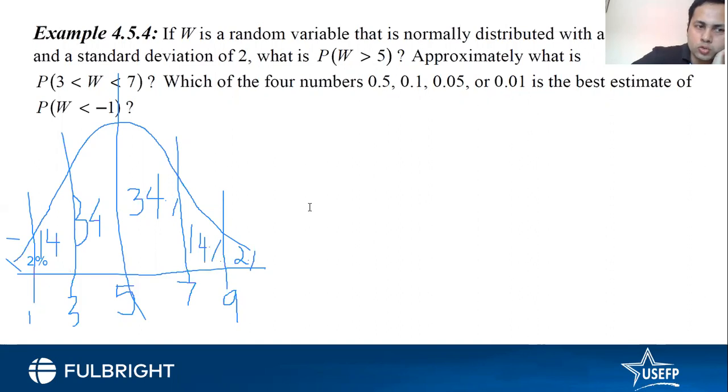So they've asked, 2% is 0.02. There is only one number which is less than 0.02, which is 0.01. So the correct option is 0.01.